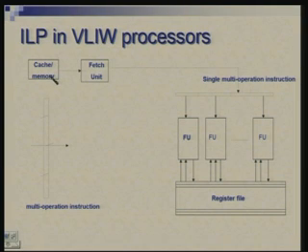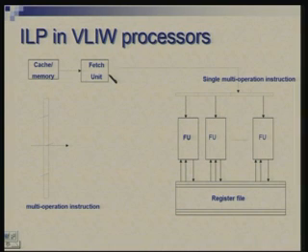So, whether we are having a superscalar architecture with dynamic scheduling or a compiler driven VLIW approach, the basic thing is that you have multiple functional units or multiple ALUs which can handle multiple instructions. So, that is a basic requirement, and all these have to access a register file. So, the register file also must support multiple read write ports, so that all these can actually work in parallel.